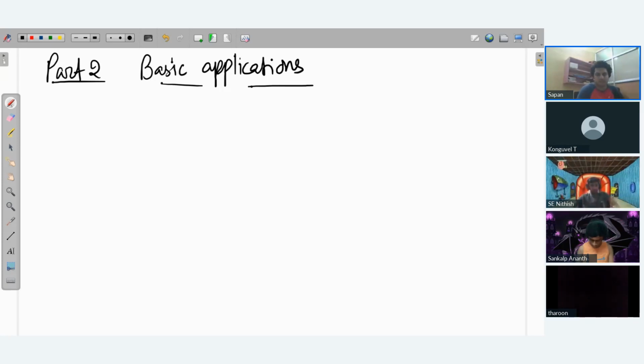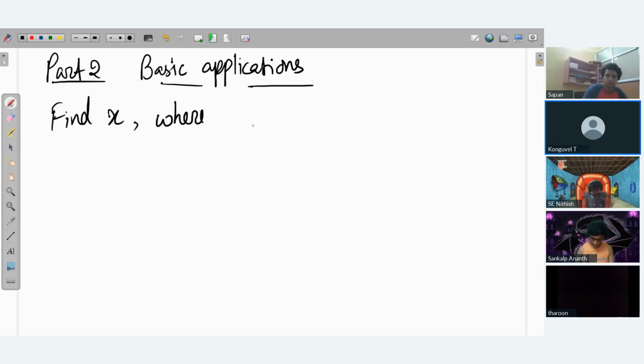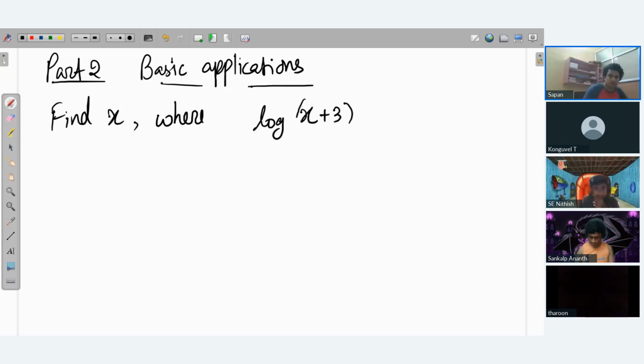So for example, find x where log of x plus 3 on base 4 is equal to 2.